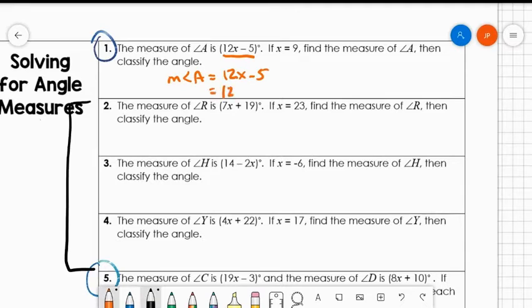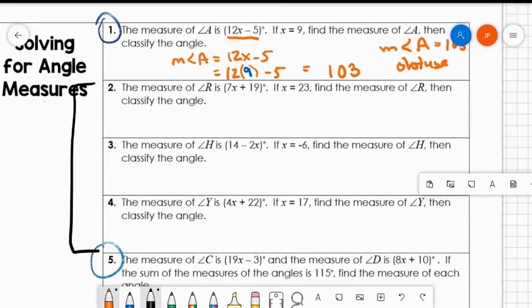So it's 12 times 9, because x is actually 9, minus 5. Do that math out, it's going to give me 103. So the measure of angle A is equal to 103 degrees, which, going by our measurements from different types of angles, is an obtuse angle.